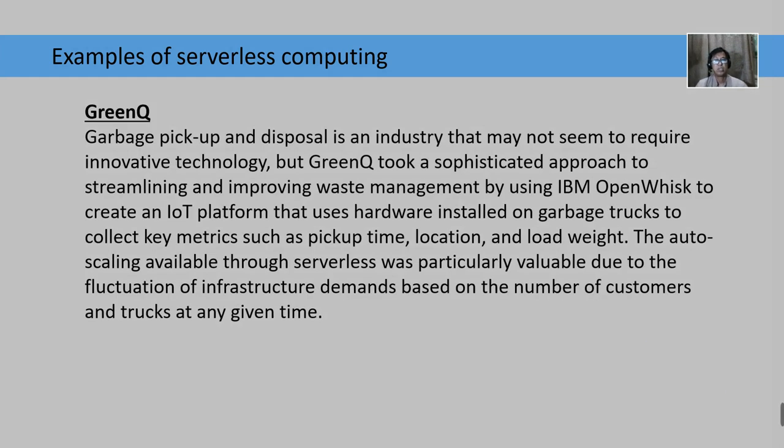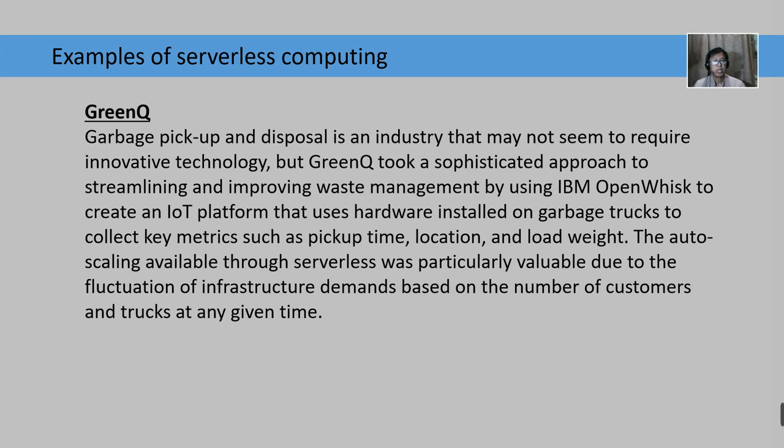Then you have GreenQ. Garbage pickup and disposal is an industry that may not seem to require innovative technology, but GreenQ took a sophisticated approach to streamlining and improving waste management by using IBM OpenWhisk to create an IoT platform that uses hardware installed on garbage trucks to collect key metrics such as pickup time, location, and load weight.